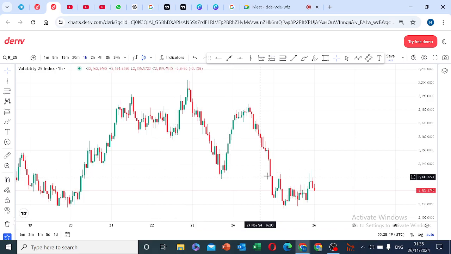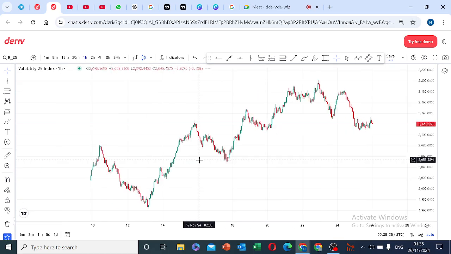You understand? So after understanding the candlesticks, we will go to the next stage, which is understanding what an uptrend is and what a downtrend is, before we begin to talk about market highs and market lows.